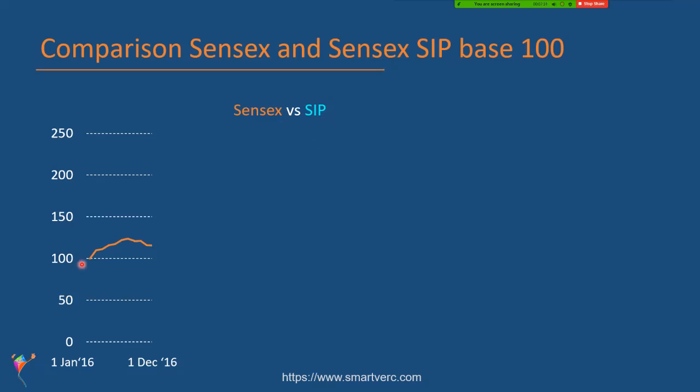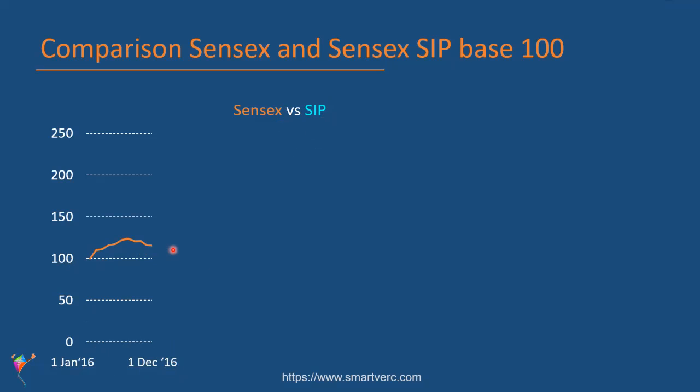Here we have started from 1st of January 2016 to 1st of December 2016, so it is about 11 months. In the 11 months, Sensex is up by about 20%. So what kind of returns are you expecting from Sensex SIP? I hope I am very clear to all of you.